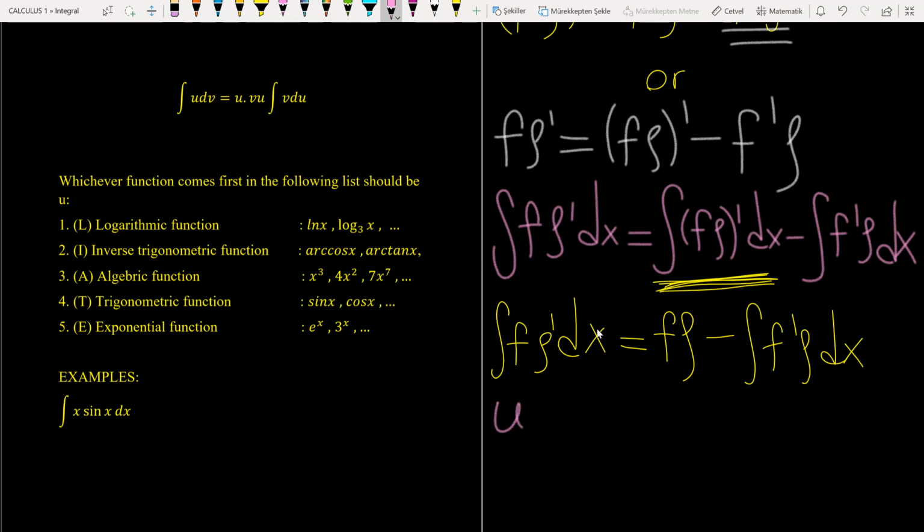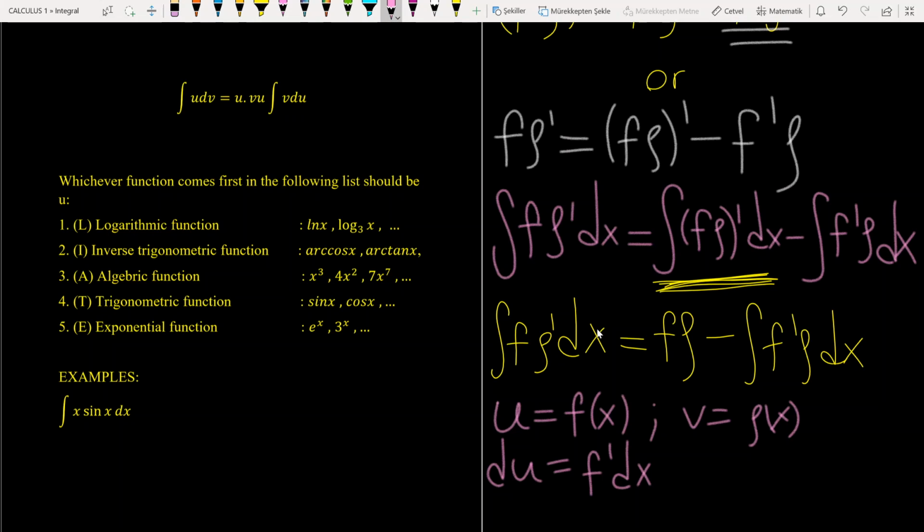Let's say u is equal to f of x. I rename the functions, and v is equal to g of x. So in this case, du is equal to f prime of x dx, and dv becomes g prime of x dx.